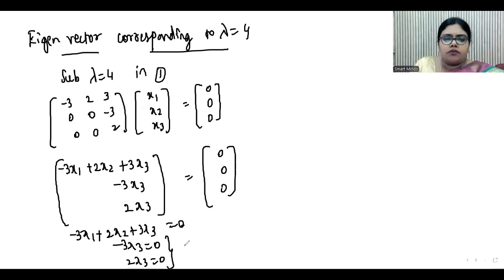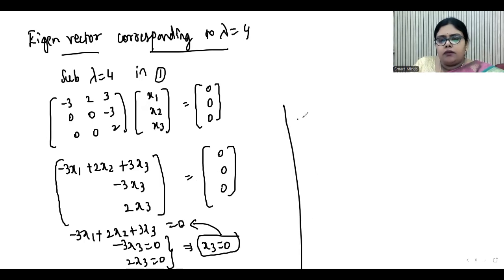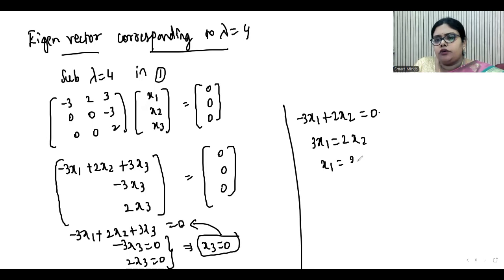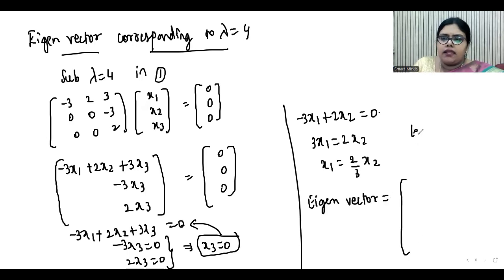From these two equations, you will get x3 is equal to 0. Now substitute this x3 here. You will get minus 3x1 plus 2x2 is equal to 0. So 3x1 is equal to 2x2, so x1 is equal to 2 by 3 x2. Now what is the eigenvector?